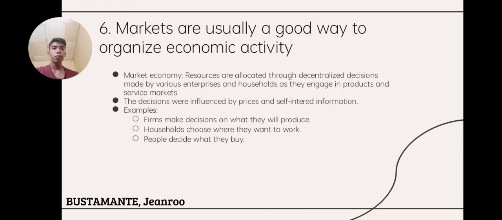While deciding what to buy and sell, consumers and businesses evaluate pricing as well as expenses and societal advantages, resulting in a rise in society's welfare. Examples of these are firms making decisions on what they will produce, households choosing where they want to work, and people deciding what they buy.